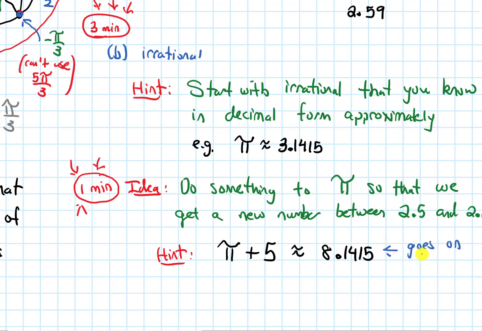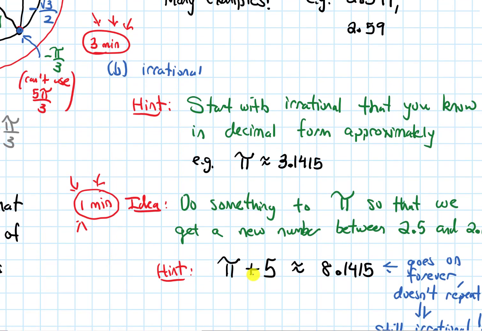This goes on forever, just like pi does, because I only just changed the first digit, 3 to an 8. Goes on forever, and it doesn't repeat. It still isn't going to repeat. So this means that this is still irrational. And that's great for us. It's still irrational, and we know how its decimal digits end.